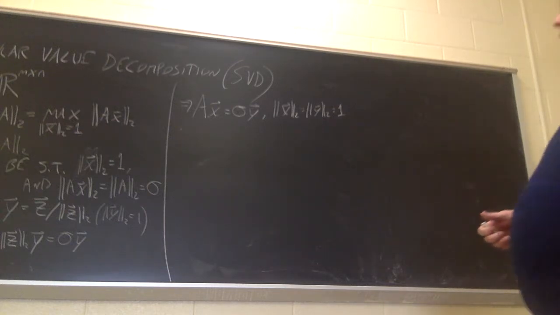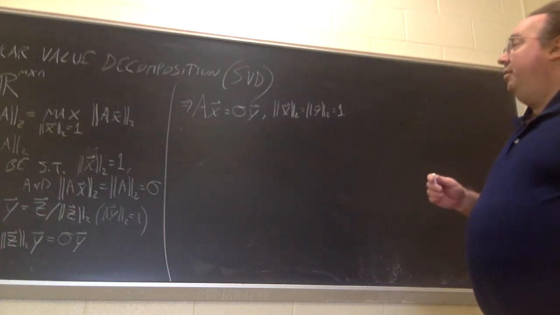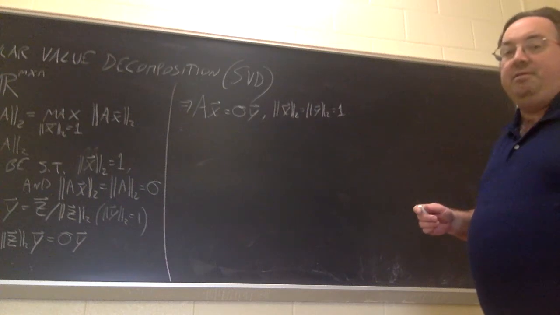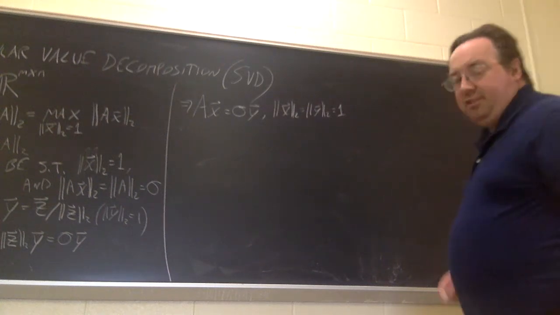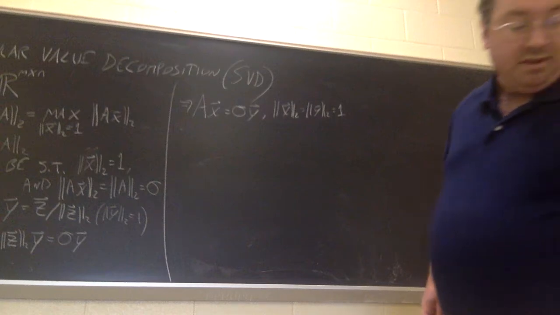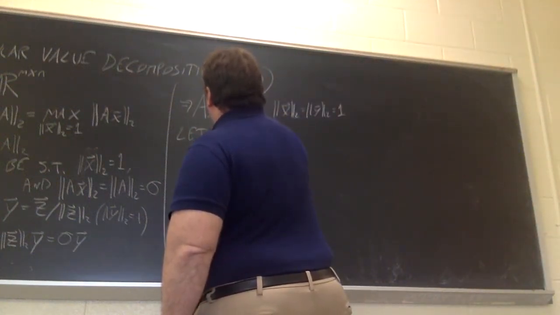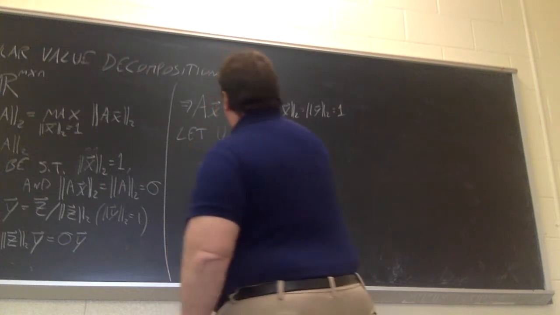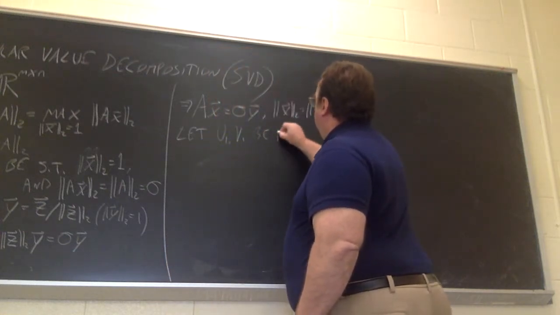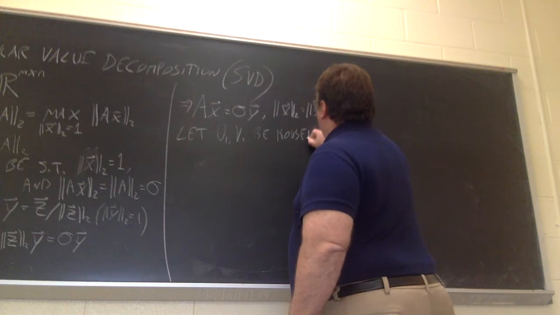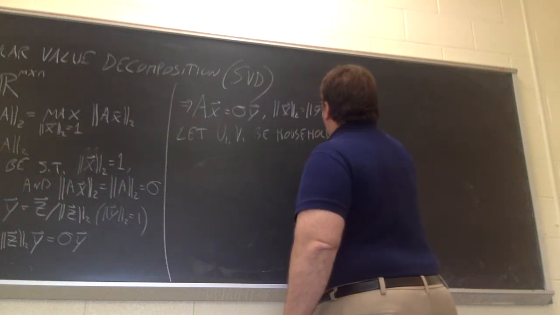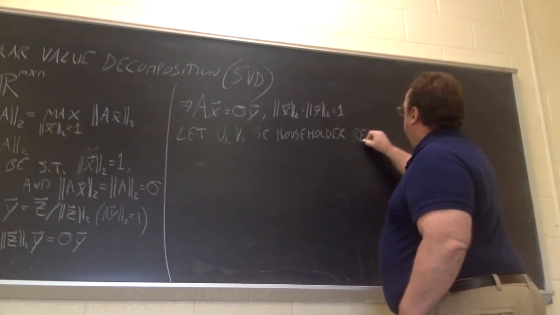Now, what I'm going to do is make use of Householder reflections. I can define U1 and V1 to be Householder reflections.